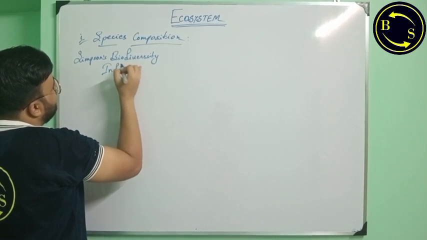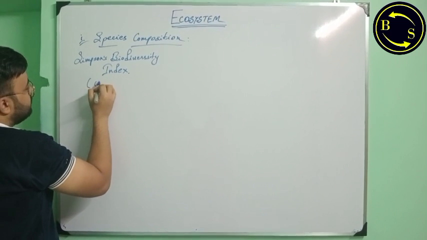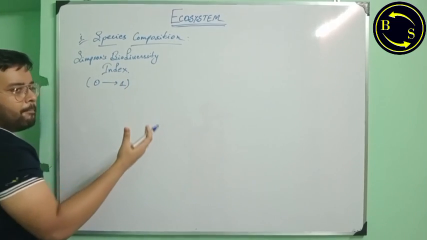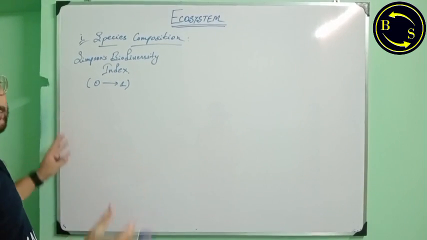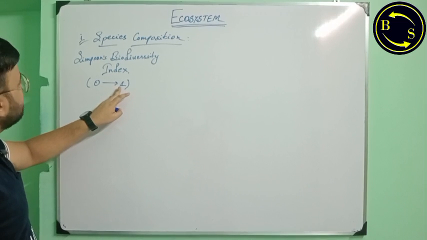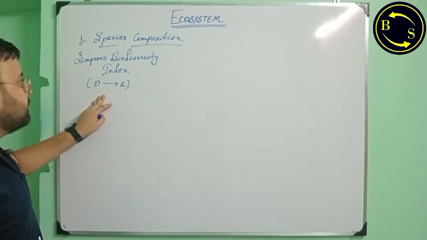It is a range of value from 0 to 1. 1 means optimum biodiversity. No more species can occupy a particular ecosystem if the value of this index is 1. And if it's 0, that means it is devoid of any life.